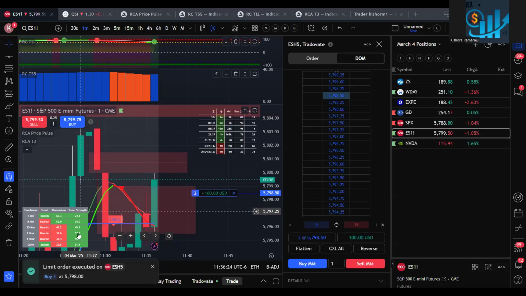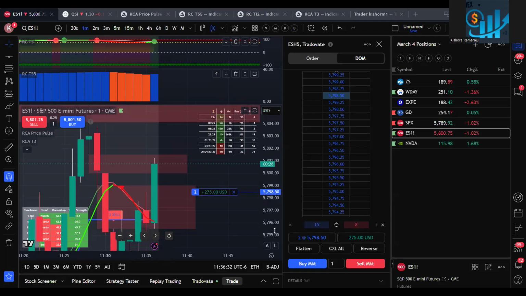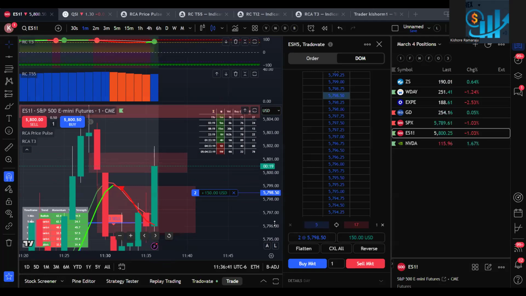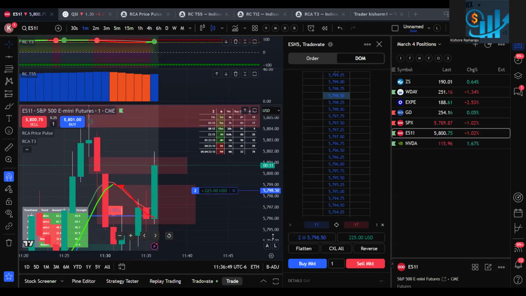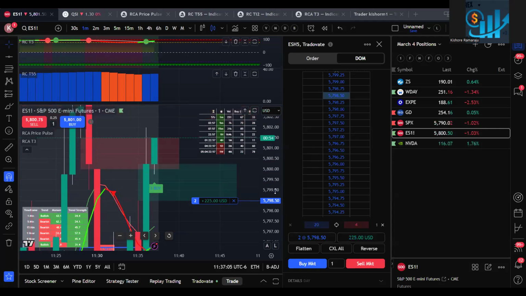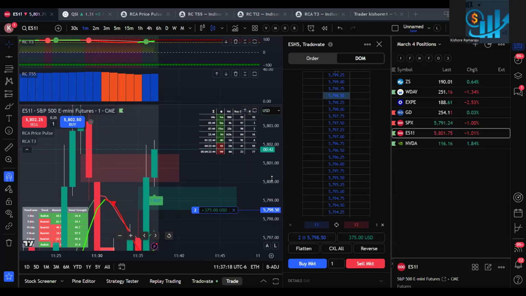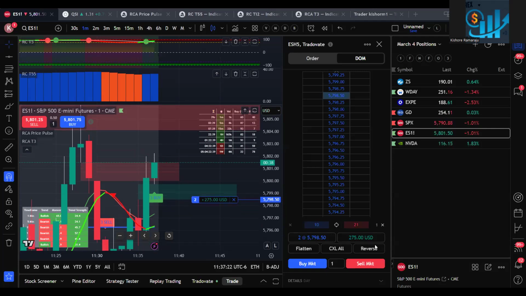So again, you can see trend is bullish, trend strength is good. This is bullish, this is bullish, this is bullish. If anyone wants, they can even enter SPX calls.